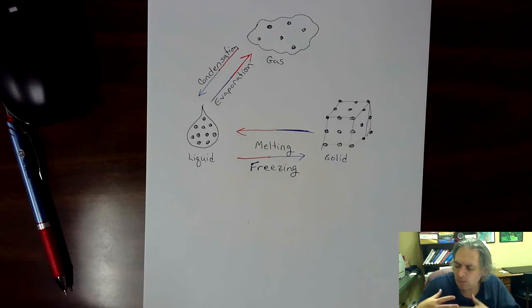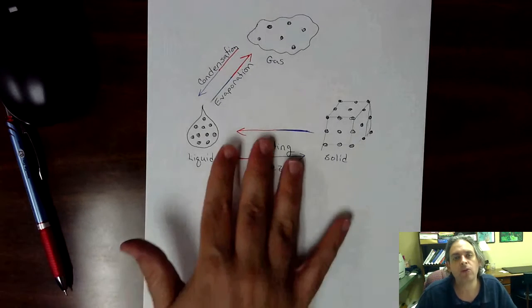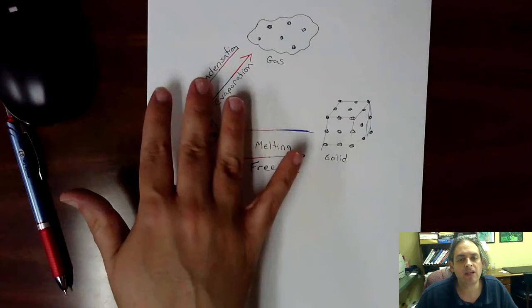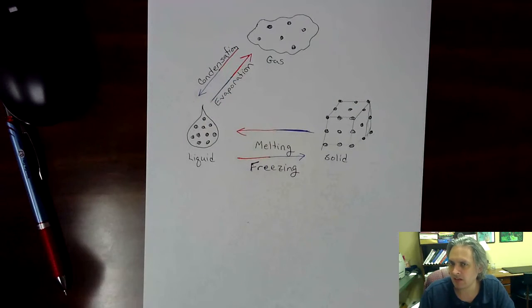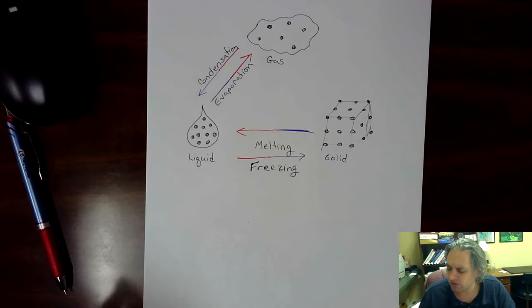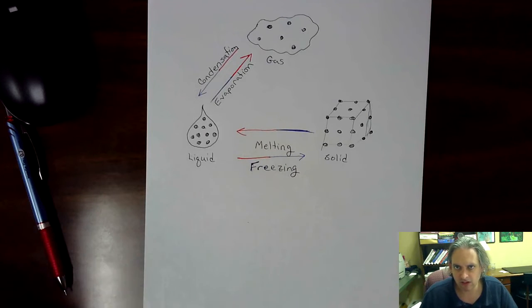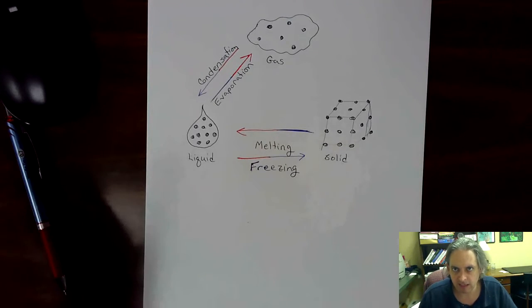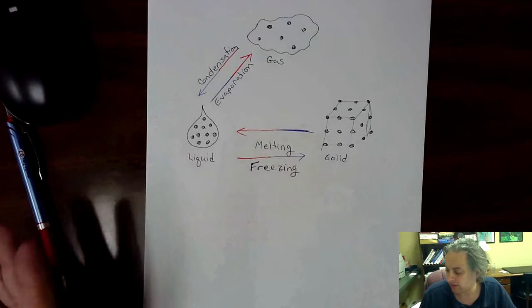Now, many different compounds have different points where they melt and freeze or condense or evaporate. Before we get into the differences in those temperatures, let's first talk about the difference between melting and freezing. Melting and freezing occur at the same temperature. In the case of water, it's at 0 degrees Celsius.